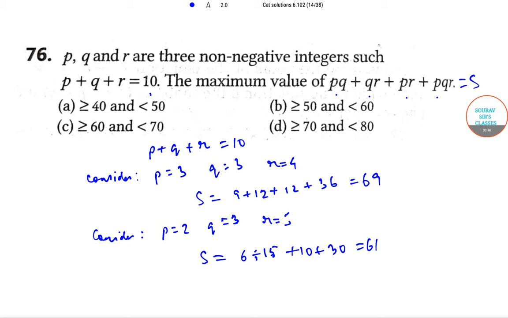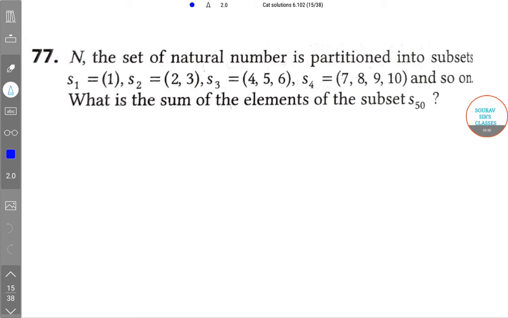Thus, the maximum value of the given expression is greater than or equal to 60 and less than 70. It is option C.